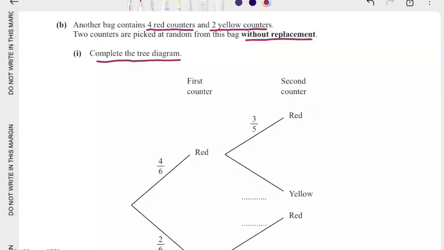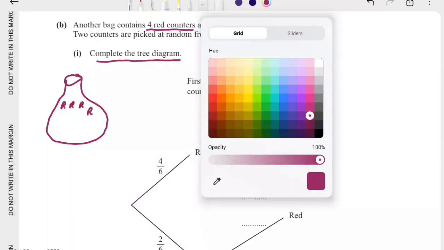For better understanding, we can draw a diagram. Inside a bag, there are 4 red counters: 1, 2, 3, and 4, and 2 yellow counters.